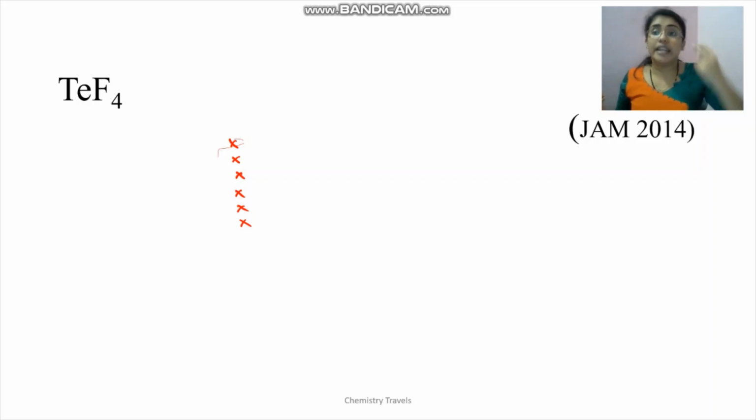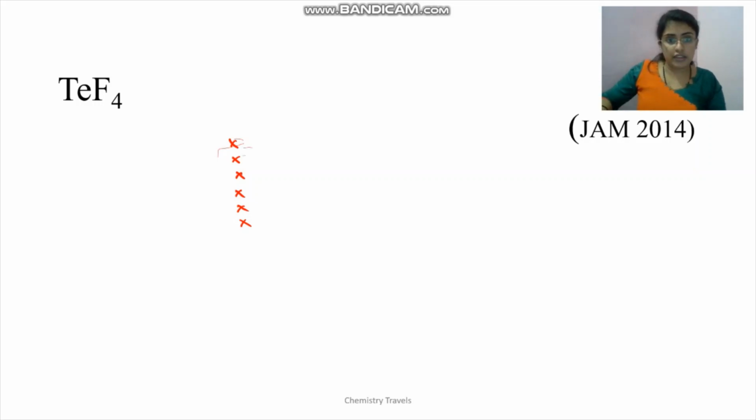The next step is that around this tellurium, I have fluorine atoms. There are 4 fluorine atoms, and these fluorine atoms can share these valence electrons of tellurium. There are 6 valence electrons, but each fluorine atom would share one of those valence electrons. So let us mark that.